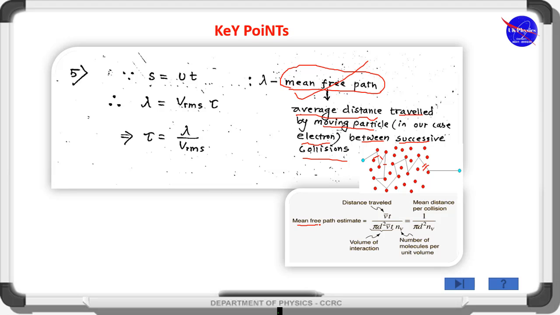This is the formula for the estimation of mean free path. Here is the distance, here is the volume, and here is the number of molecules per unit volume. The volume cancels out, and in the denominator we have only the number, in the numerator we have a distance. So the distance upon the number of collisions gives the average distance, which is the mean free path.